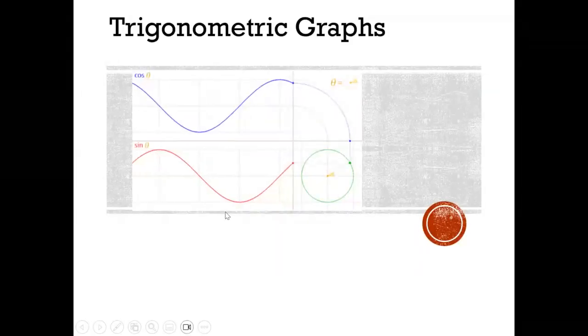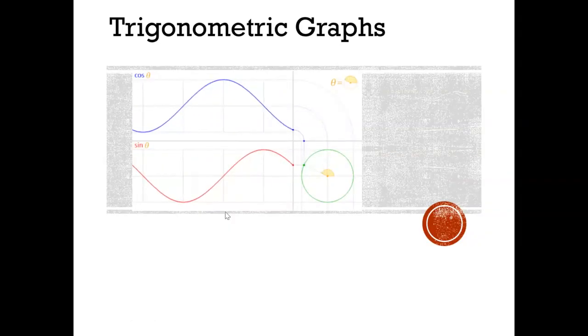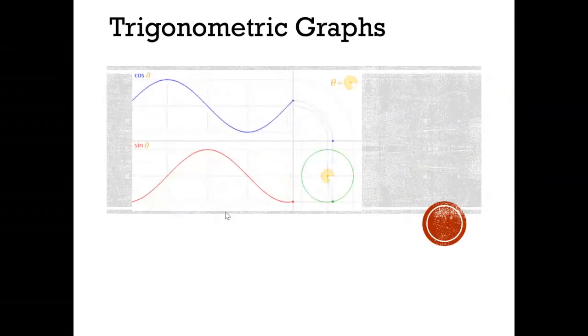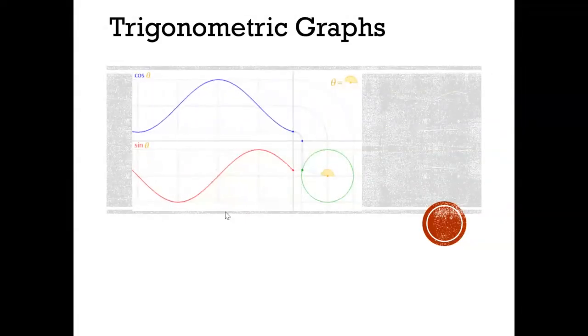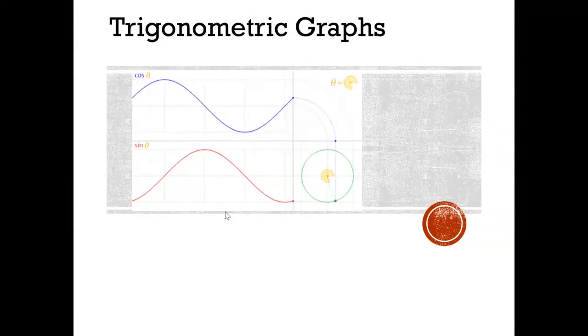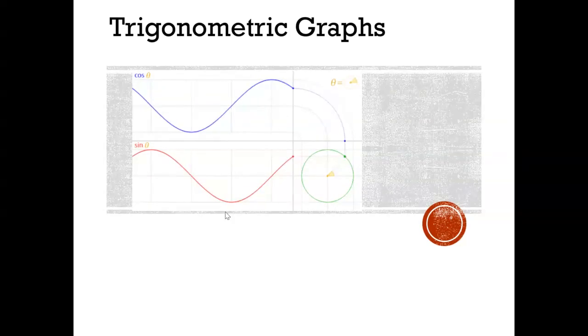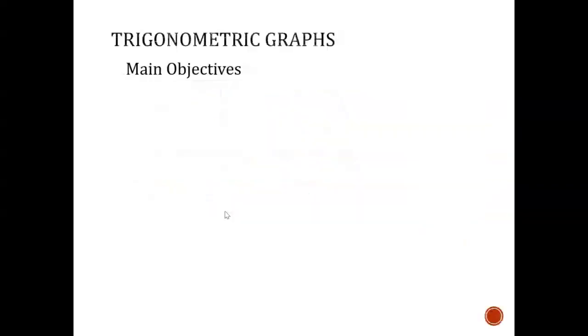This workshop covers only chapters 4.5 and 4.6 because it's too much information to cover in 50 minutes. So I'm going to concentrate on just graphing. The most important graphs that you need to know are the cosine and sine graphs, because the secant and cosecant depend on you knowing how to graph the sine and cosine.